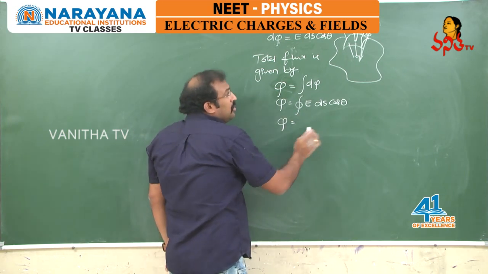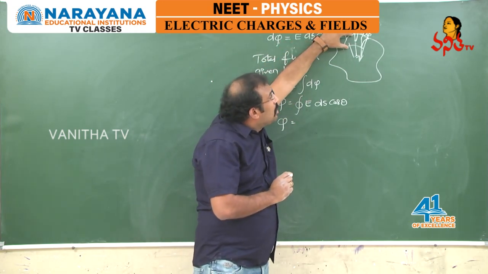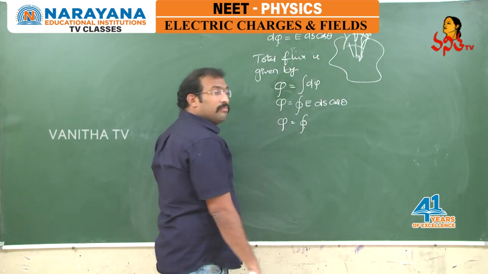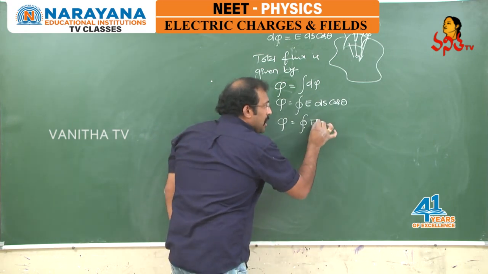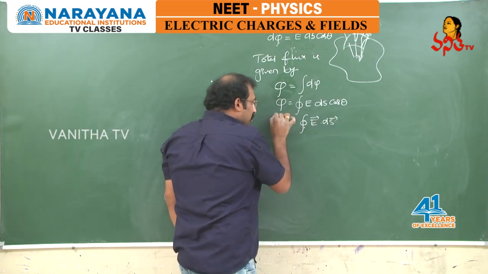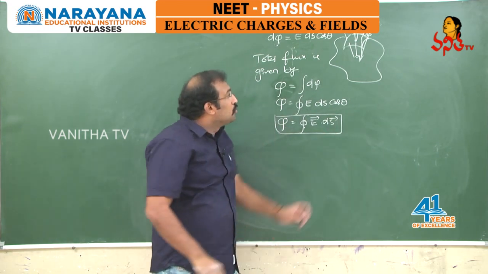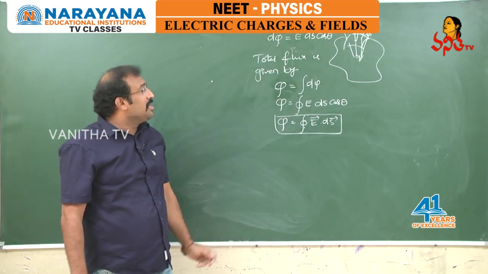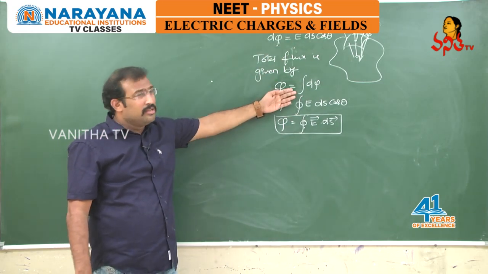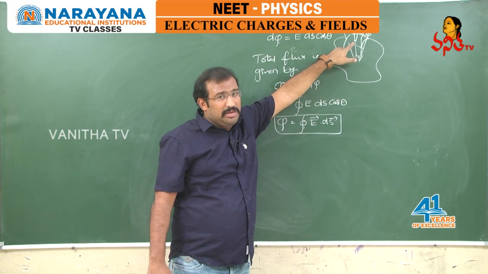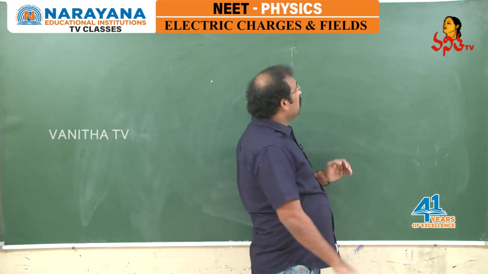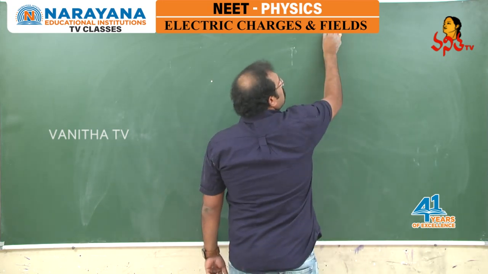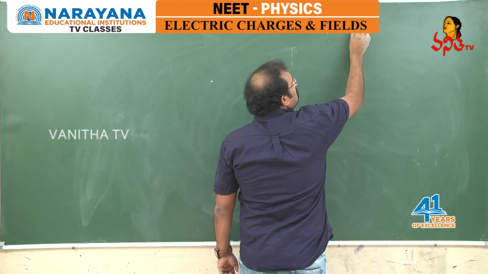Then I can write the flux through this small surface as E bar dot dS bar. So the closed integral of E bar dot dS bar is the total flux through the surface enclosing this charge. In this way, we can calculate the total flux by integrating the flux through small elemental areas. Now we will go to the main important topic, that is Gauss law.